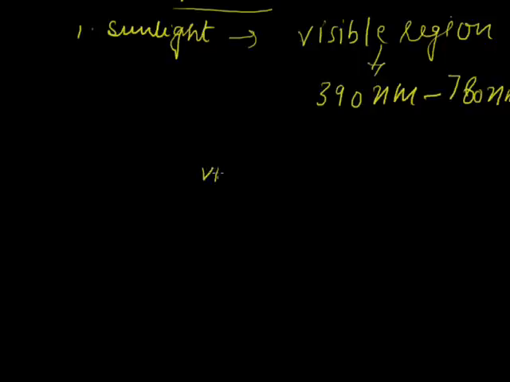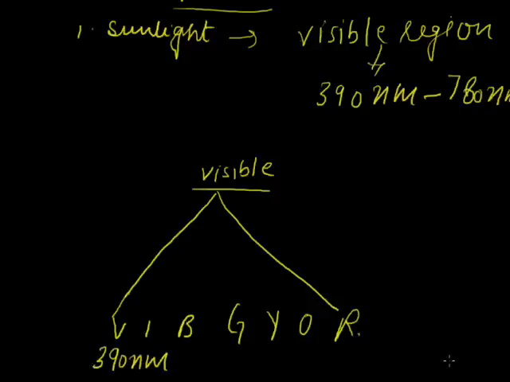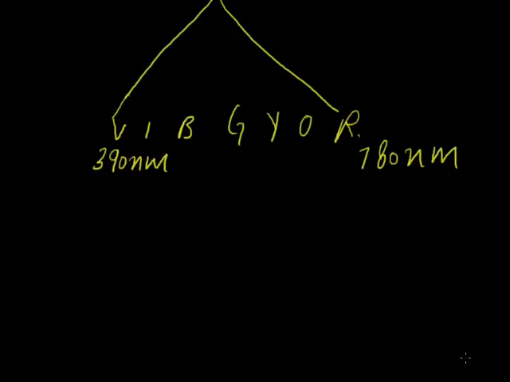That is visible region. It consists of a combination of 7 lights which together constitute white light. And violet is at 390 nanometers and red color is at 780 nanometers. So this is the range for visible region.